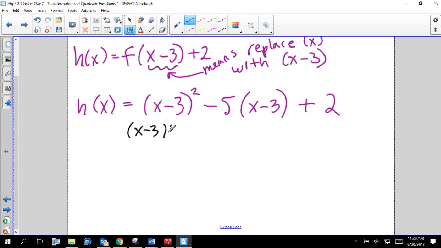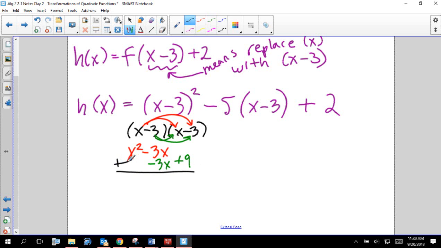Perfect. X minus 3 times x minus 3. So then you can use the box method, you can use the FOIL method. You can think of it just being distributive property. I'm going to do x times x, x times minus 3. And then I'm going to distribute the negative 3 to the x and the negative 3 to the negative 3. Then I'm going to add those up, combine like terms. Those are to write small, right?